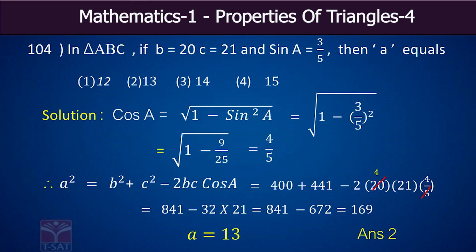So A square is equal to B square plus C square minus 2BC cos A. That is 400 plus 441 minus 2 into 20 into 21 into 4 by 5. After simplification you get 169. So the answer is A is equal to 13.